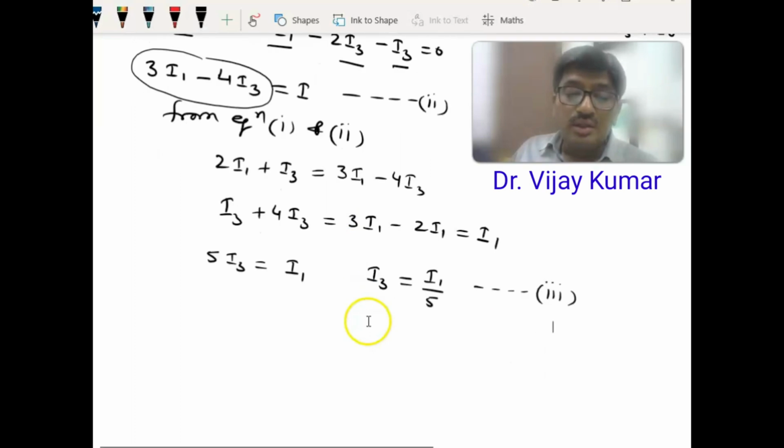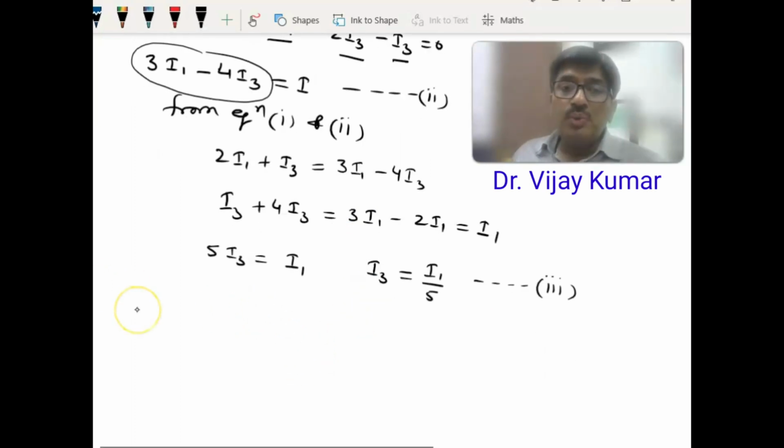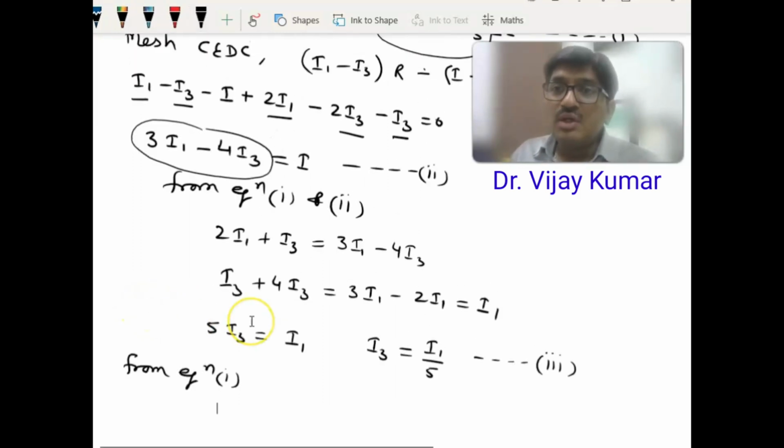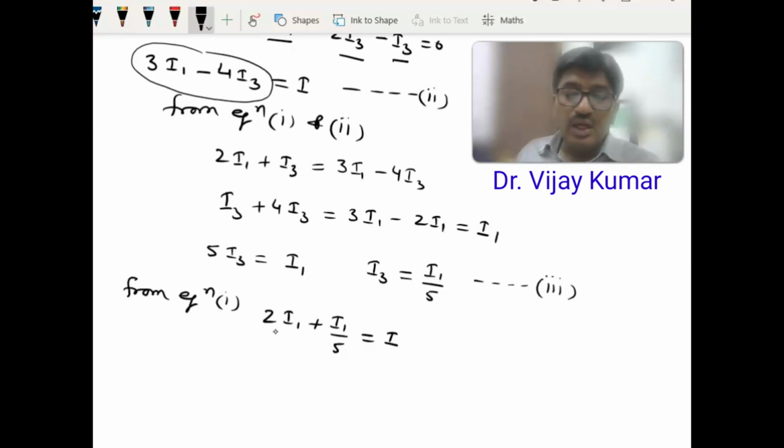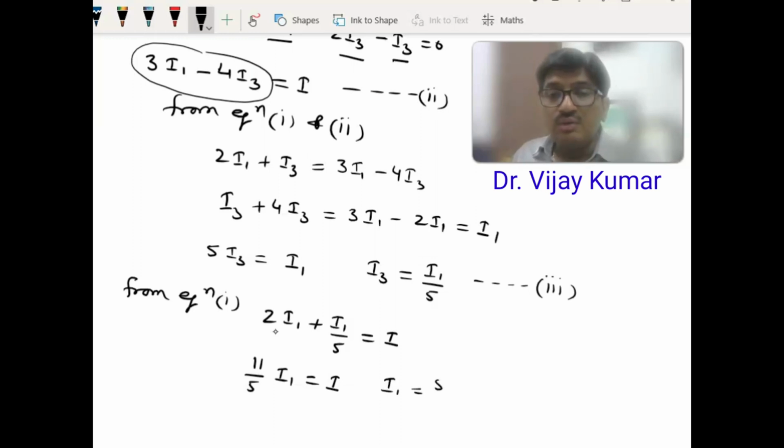Now put the value of I3 in equation 1. Equation 1 is 2I1 plus I3, where I3 is I1 upon 5, that should be equal to I. Here 5 into 2 is 10 plus 1 is 11 upon 5 I1 equals I, and I1 equals 5 upon 11 I. This is equation number 4.